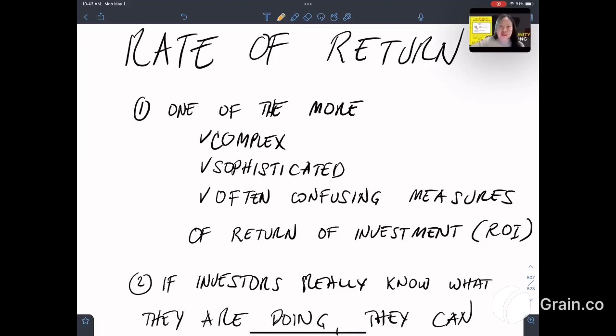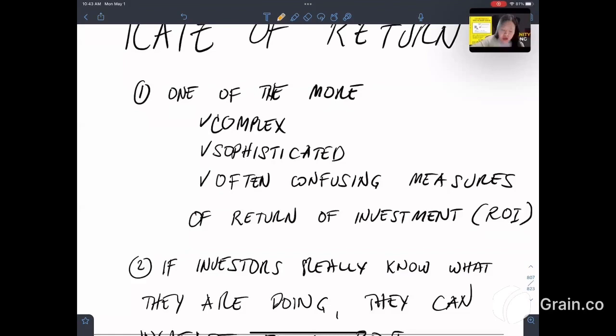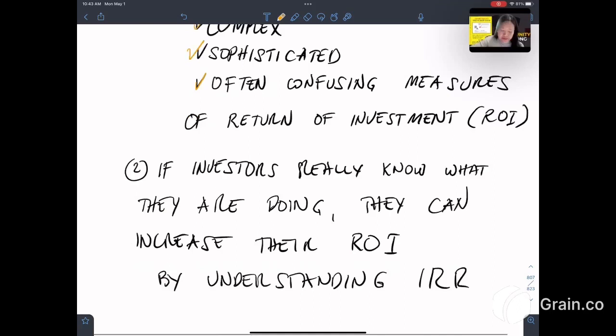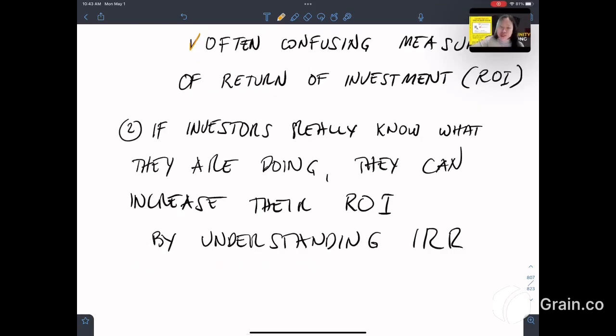First, internal rate of return, or IRR, is one of the more complex, sophisticated, and often confusing measures of return of the investment, or ROI. Second, if investors really know what they are doing, they can increase their ROI, or return on investment, by understanding the IRR, or internal rate of return.